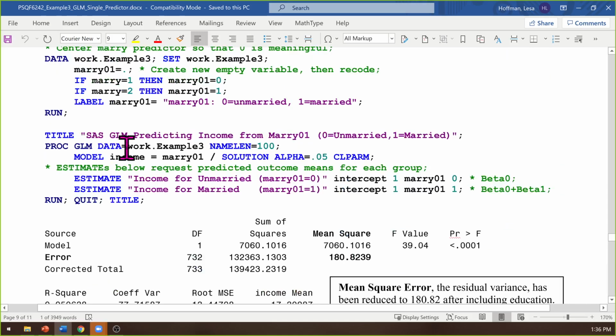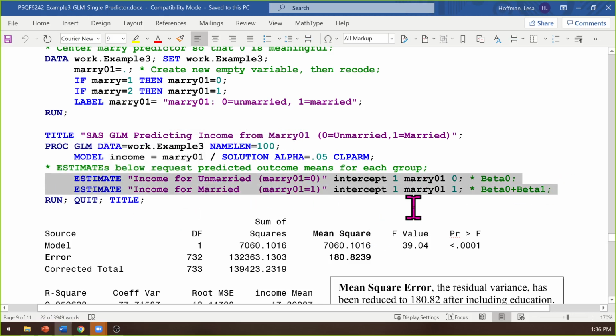So we have the name of the data set as something that you'll have to change for your homework. Outcome variable goes to the left of the equal sign, just like it does in the equation. Predictor variable goes to the right of the equal sign. And then that new predictor variable is what gets used in the estimate statements down here.